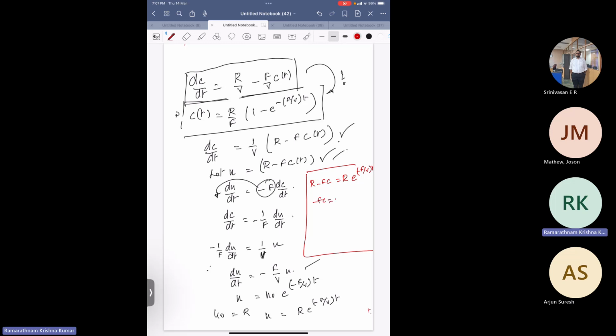So minus FC is equal to minus R plus R e power minus F by V t. So C is equal to R by F minus R by F e raised to minus F by V t. So C is R by F into (1 minus e raised to minus F by V t). Right? Yes.